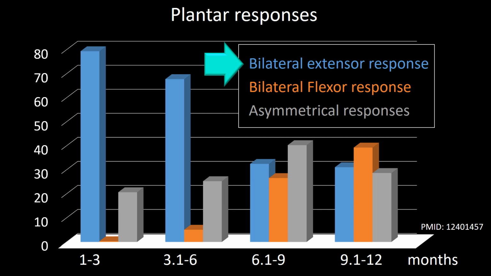In this study, fanning of the toes was not used as a criterion. Hence, we can say that bilateral incomplete Babinski signs are about just as likely as bilateral flexor responses and asymmetrical responses in 9 to 12 month infants.